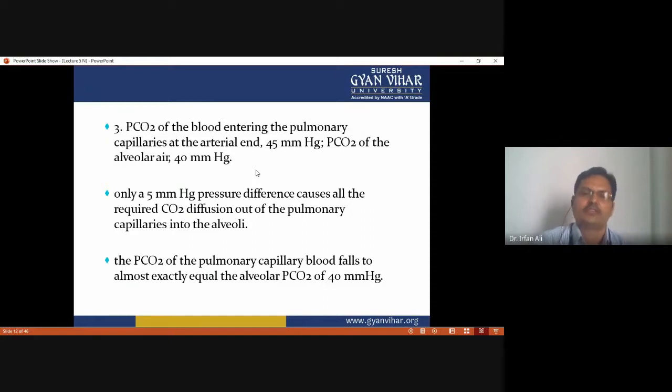This difference in partial pressure is essential for the exhalation of carbon dioxide out of the lungs, and the partial pressure of carbon dioxide of the pulmonary capillary blood falls to almost exactly equal the alveolar partial pressure of 40 mmHg.